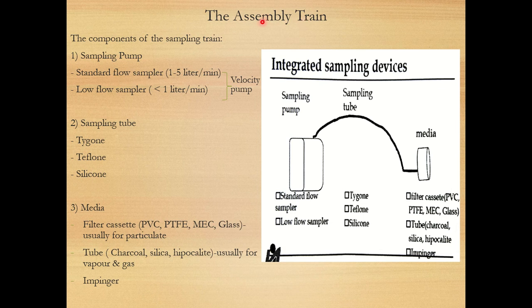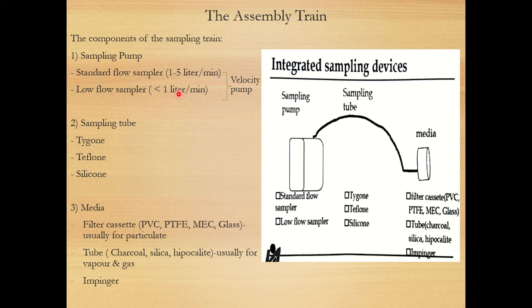Okay, the assembly train, basically we have three widely used components, which are the sampling pump, sampling tube and media filter. For the sampling pump, we have standard flow and low flow. Standard flow has the capacity to draw air from 1 to 5 liters per minute. And low flow has the capacity to draw air of less than 1 liter per minute.